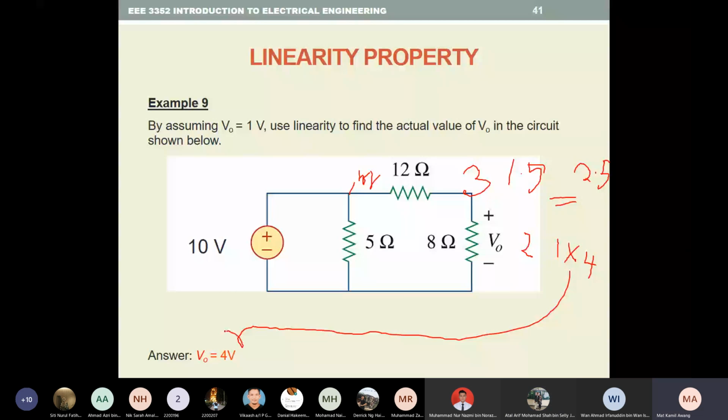So that is the linearity property. Clear? Yes, sir. Okay. This example is just to show the linearity property.